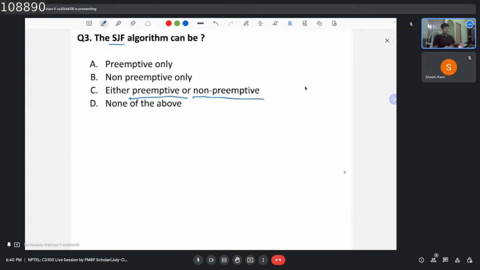In the non-preemptive version, you don't preempt the currently executing process, but the next process you select from the ready queue would have the shortest job among all the processes present in the ready queue. So the SJF algorithm can be either a preemptive or a non-preemptive variant. So option C is the correct answer, and the other options are wrong. Any doubts in question 3? If not, we will move to the fourth question.